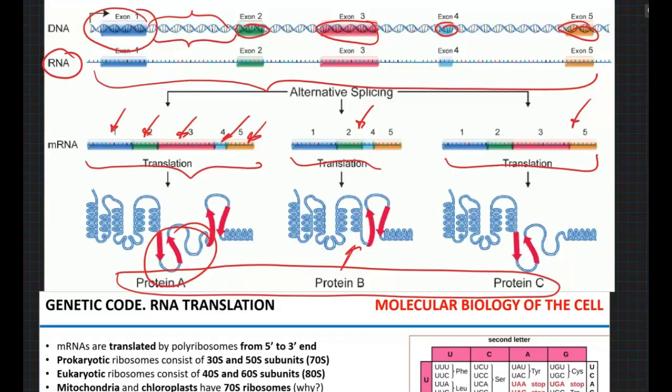And the protein C is missing kind of that part. So that may alter protein function as a result. It may be located in a different place in the cell. It may have some other enzymatic properties or signaling properties or whatever, okay?